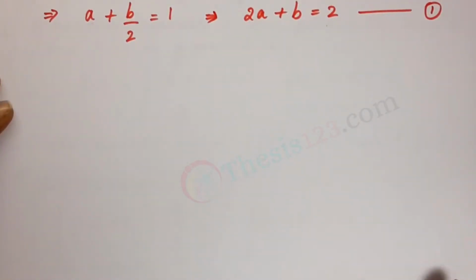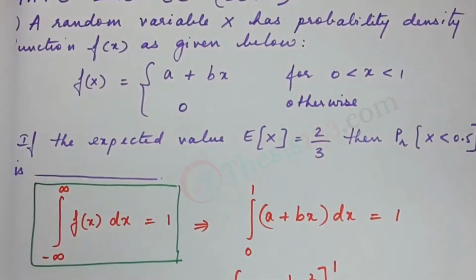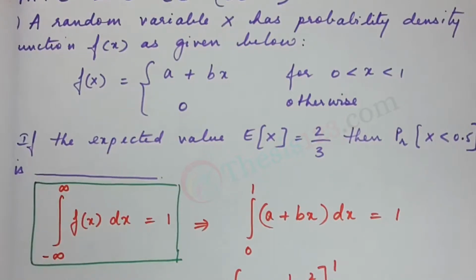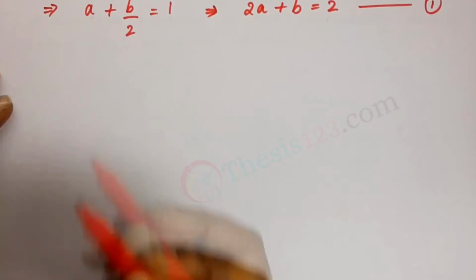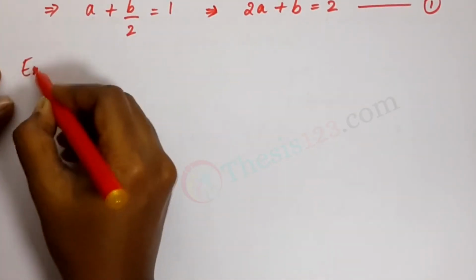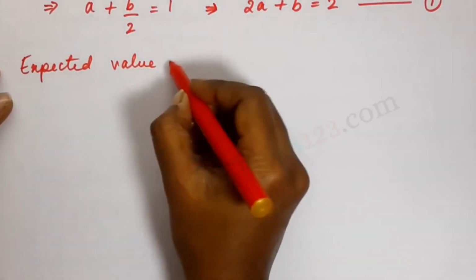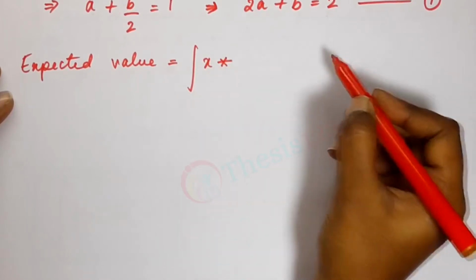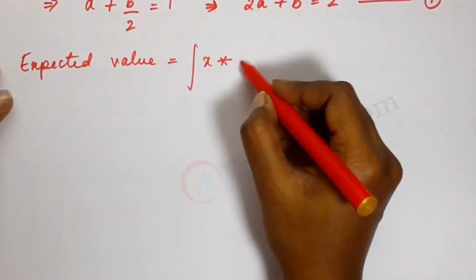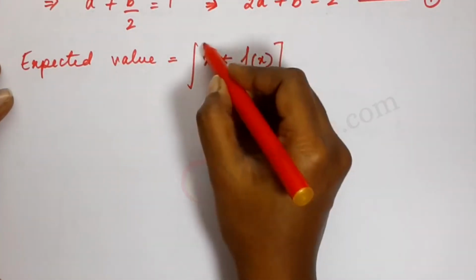Now, the next part of our question talks about the expected value. It's given to us that the expected value E of x equals 2 by 3. Okay, so the expression for expected value is the integral of x times the function given, f of x, x times f of x dx.